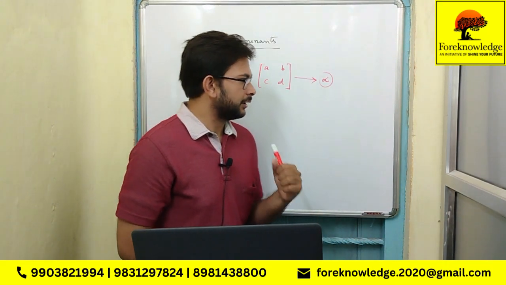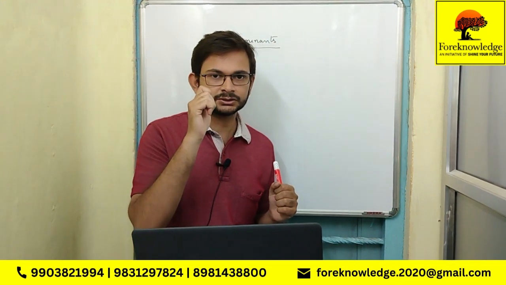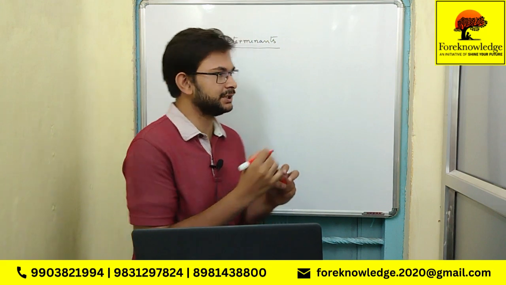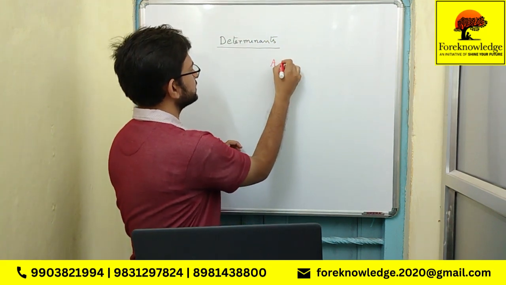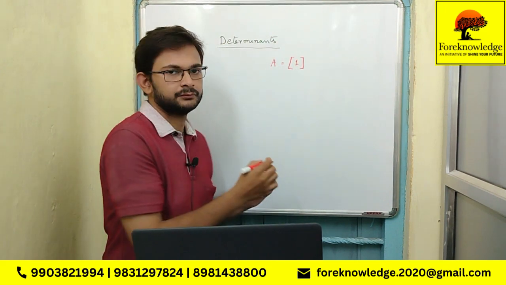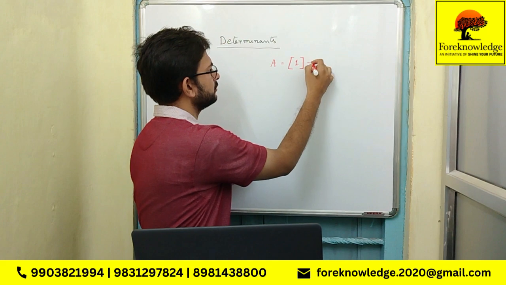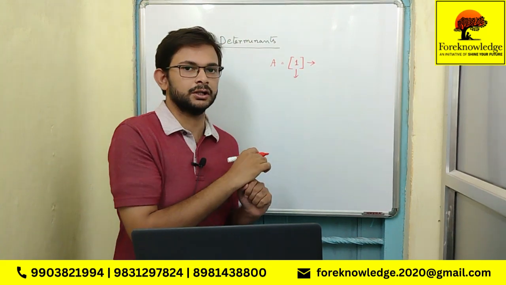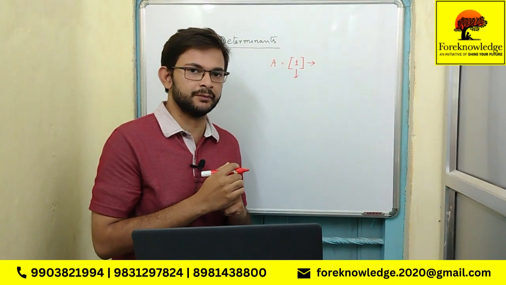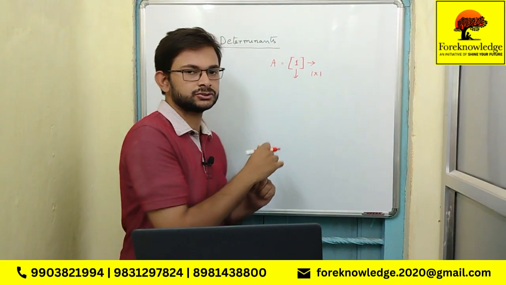Now in the beginning, let us start with the smallest square matrix, that is, suppose A is the smallest square matrix, that is 1. Why is this a square matrix? Because it has a single row and a single column. This is the smallest square matrix, 1 cross 1.